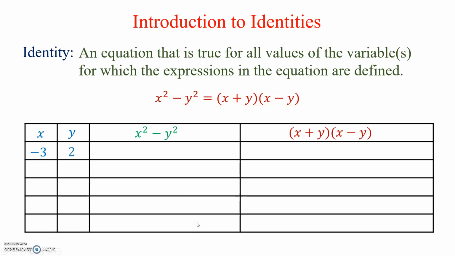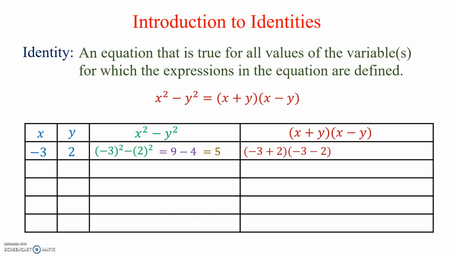So we'll start by substituting some values for x and y. We'll substitute -3 for x and 2 for y and see what happens. When I substitute those values in, then I simplify. -3 squared is 9 and 2 squared is 4. When I simplify further, I just happen to get 5. Let's take those same two values and substitute them on the right side.